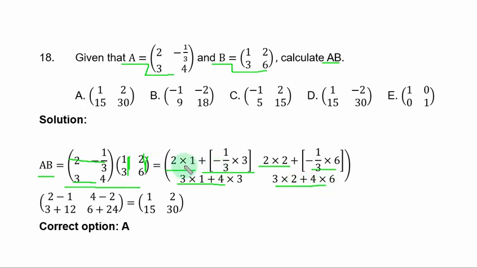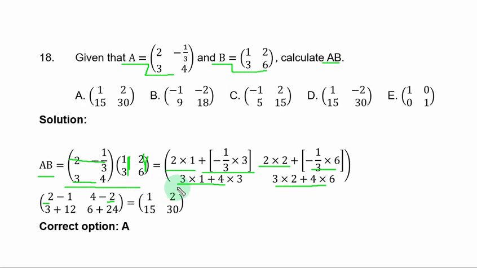So 2 times 1 is 2, plus times minus is minus. 1 over 3 times 3, you have 1. 2 times 2, you have 4. Then plus times minus is minus. 1 over 3 times 6, you have 2.